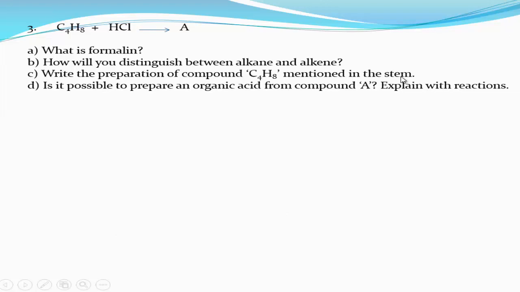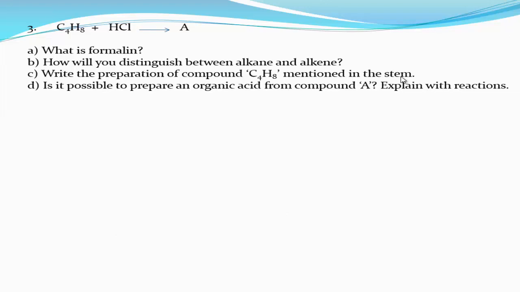So in your book there are given different preparation reactions of alkene. So in those reactions you have to use butene. For example, ethene can be produced from ethyl chloride when it reacts with sodium hydroxide. In that case ethene is produced. So if you want to produce butene, in that case you have to take butyl chloride instead of ethyl chloride.